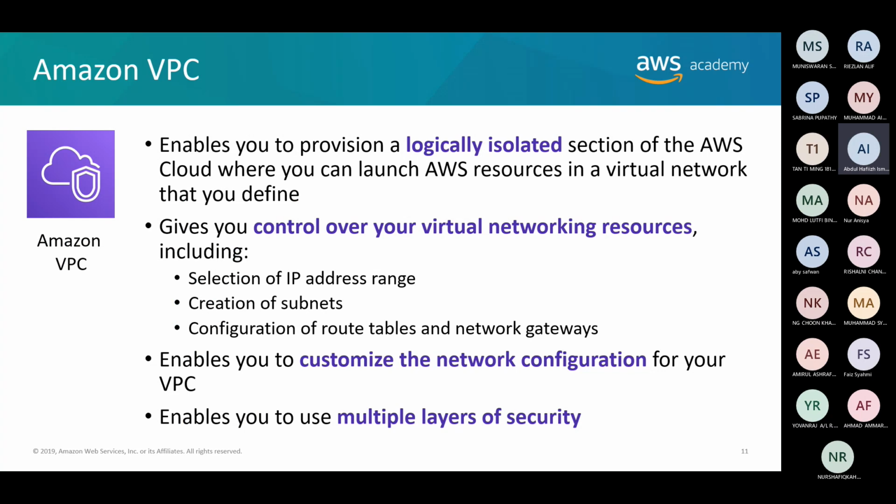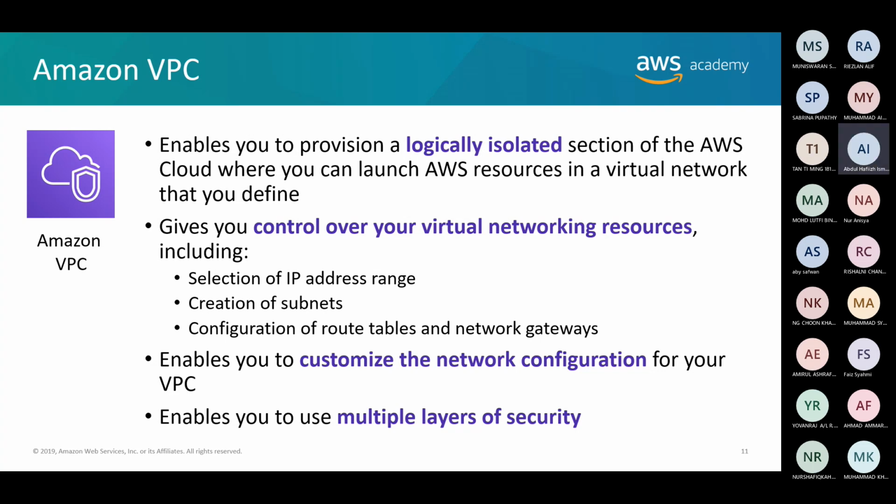Amazon Virtual Private Cloud, or Amazon VPC, is a service that lets you provision a logically isolated section of the AWS cloud called a virtual private cloud, or VPC, where you can launch your AWS resources. So kita boleh launch AWS resources kat mana saja, tapi kita nak buat satu virtual area yang kita control apa yang masuk, control cara dia subnet dan sebagainya lah.